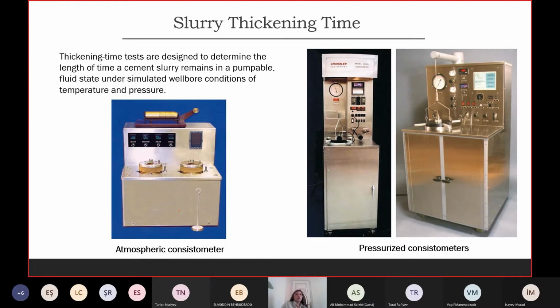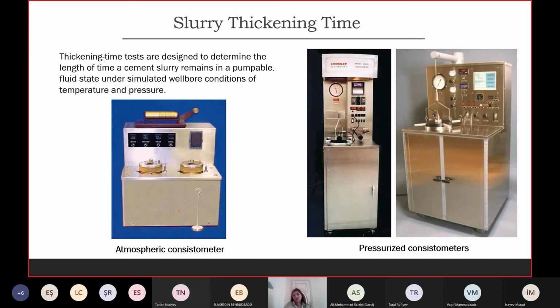Again, each operating company and each service company has its own criteria. Like BP has one criteria, Total has another criteria, but usually service companies have tighter criteria because this is safety. This is very important for service quality. That's why everyone is more strict on thickening time.